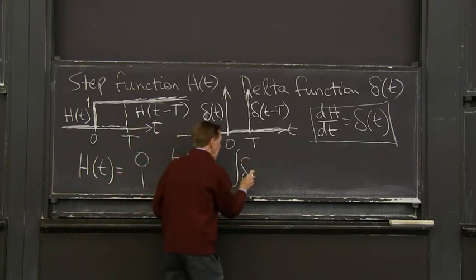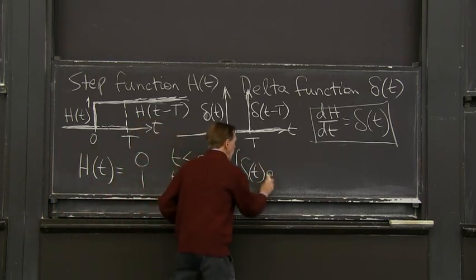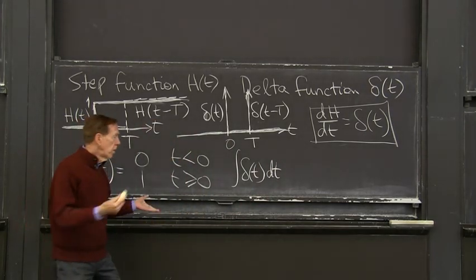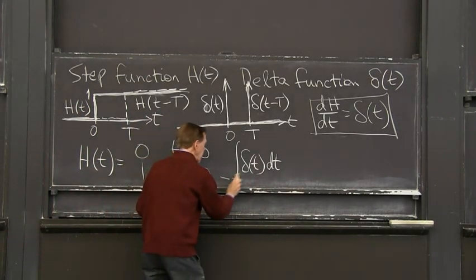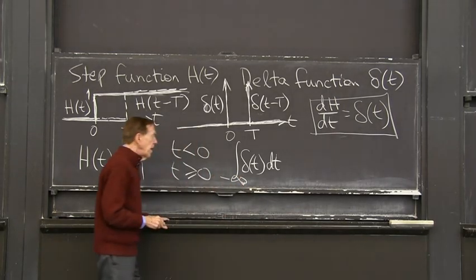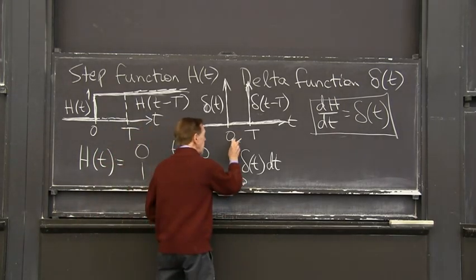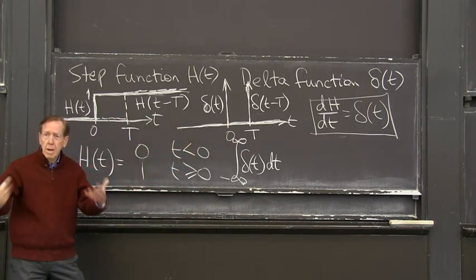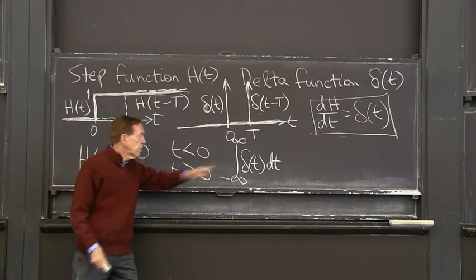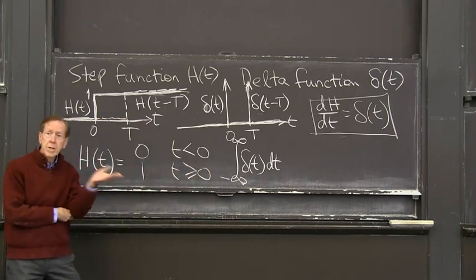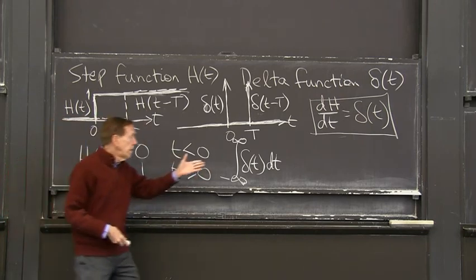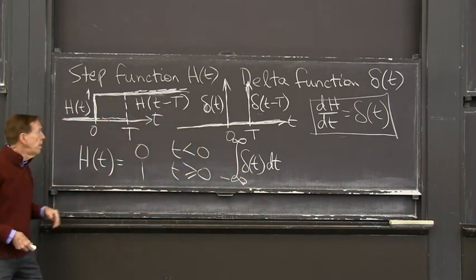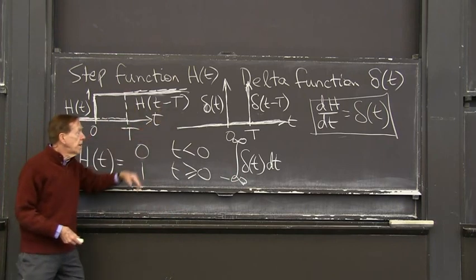The integral of the delta function is the total deposit over, let's say, time that could have started even at minus infinity, and it could go on forever to plus infinity. So that's the total deposit, the total input coming from this source term delta of t. And what is the answer? Well, the integral of delta should be the step function. The step function out at infinity is 1.